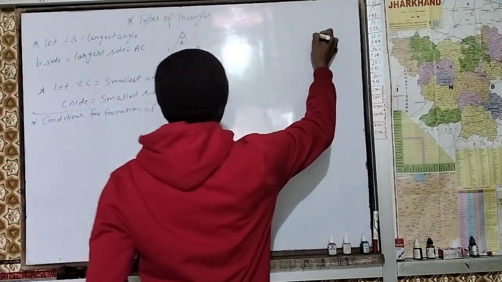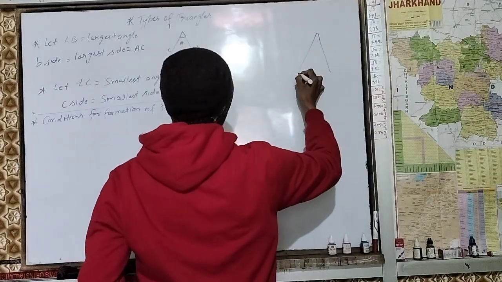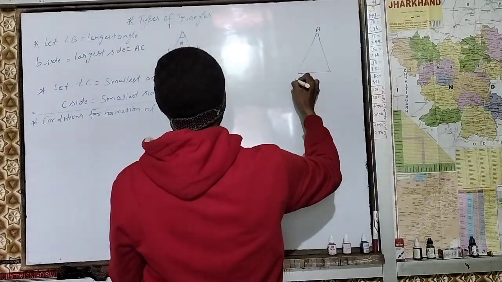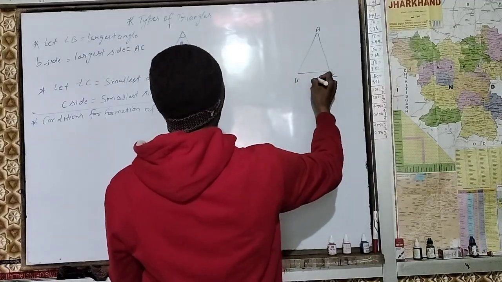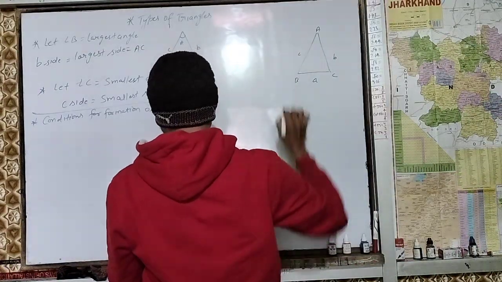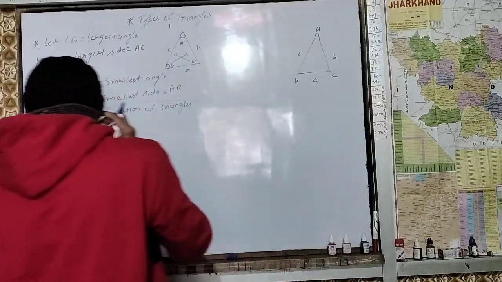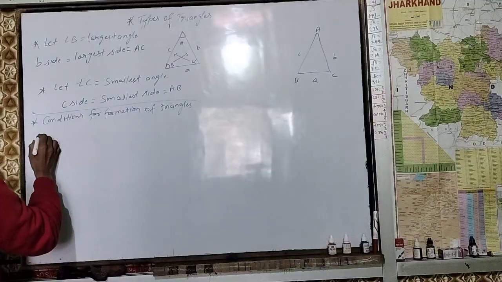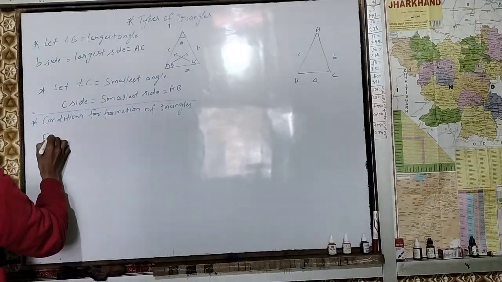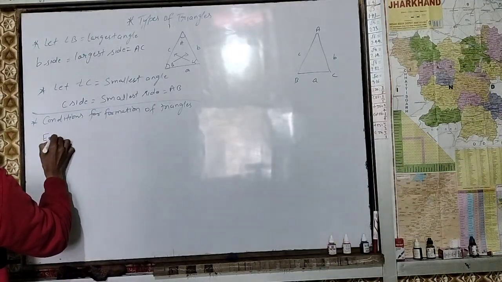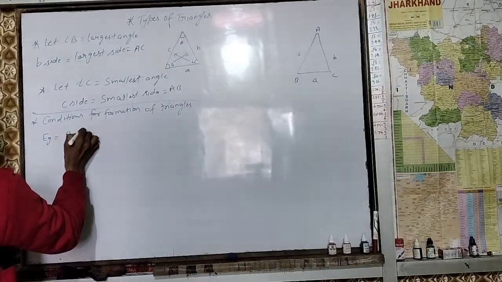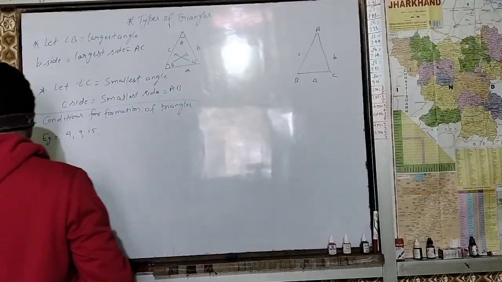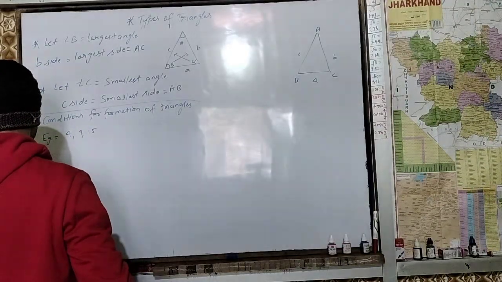Let's take a triangle A, B, C. With examples, we will understand it. For instance, 4, 9, 15 are the lengths of the sides of a triangle.